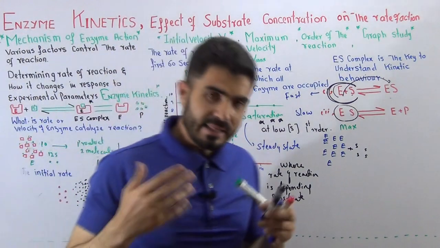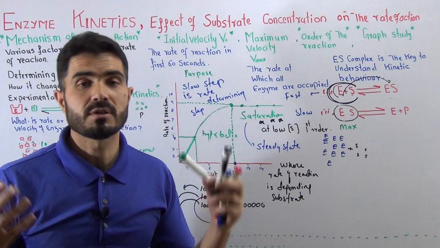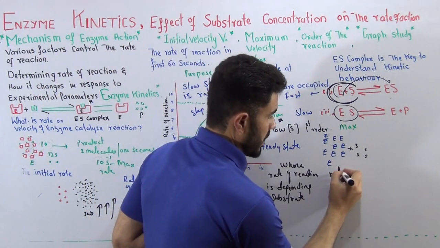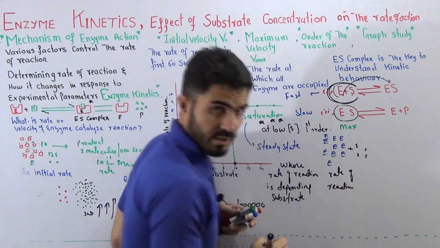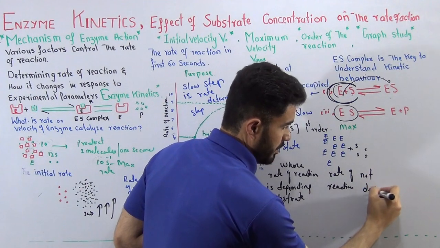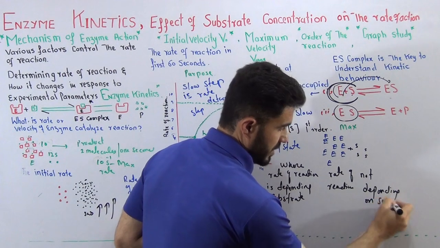So at that stage, you had used a large amount of substrate, and this time the rate of reaction is not depending on the substrate S.